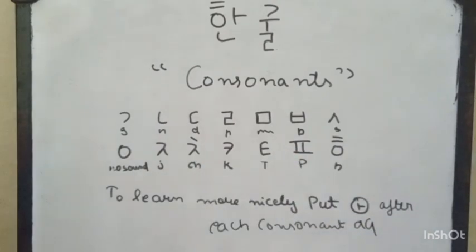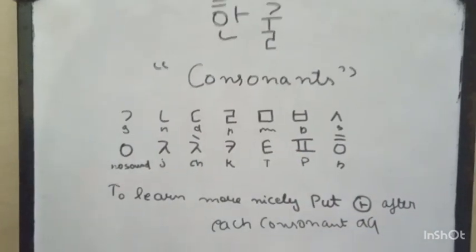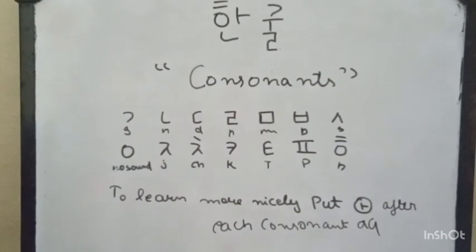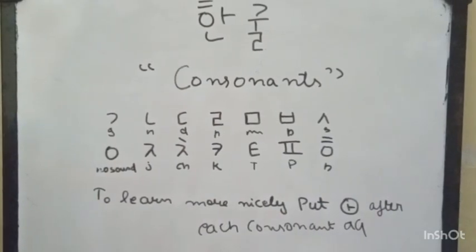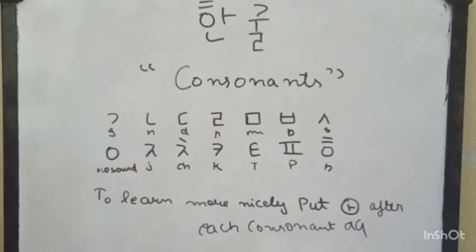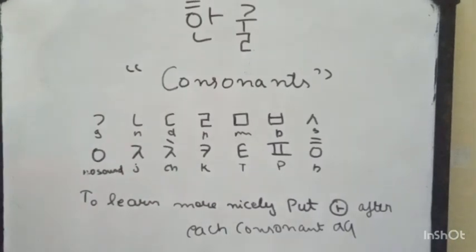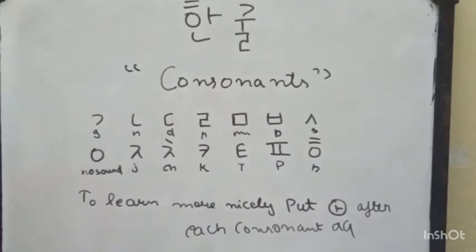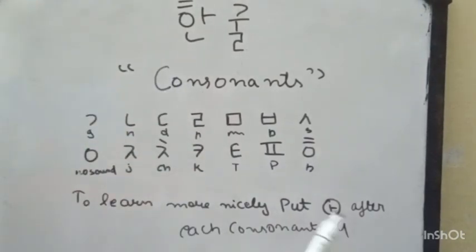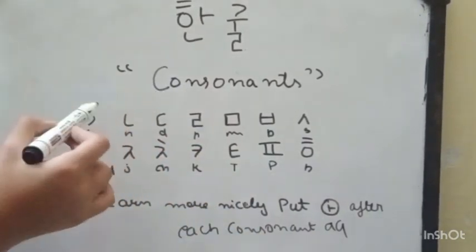So we will just put a after each consonant. Let us experience it one more time. If you are having any difficulty learning, you can just put the vowel a.